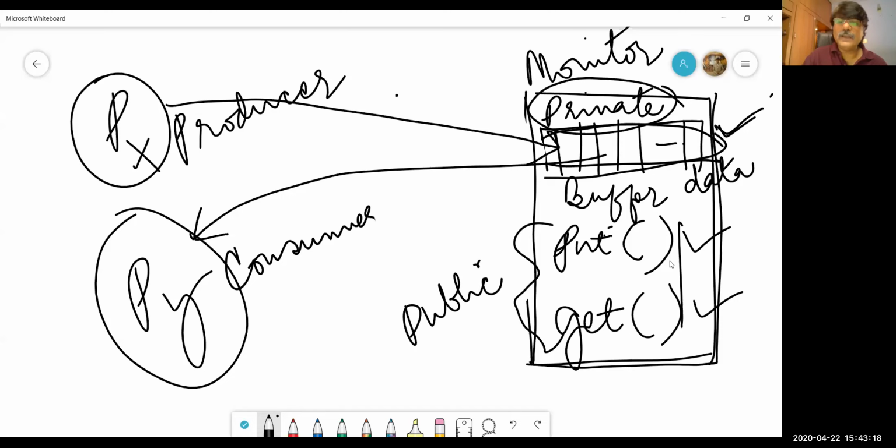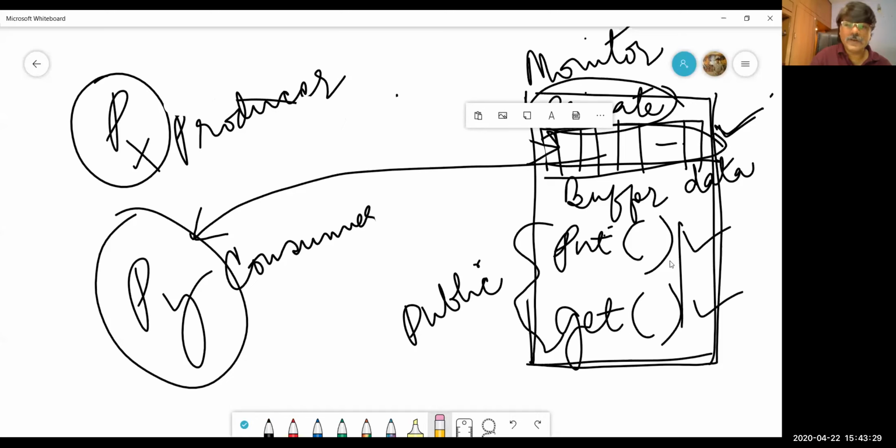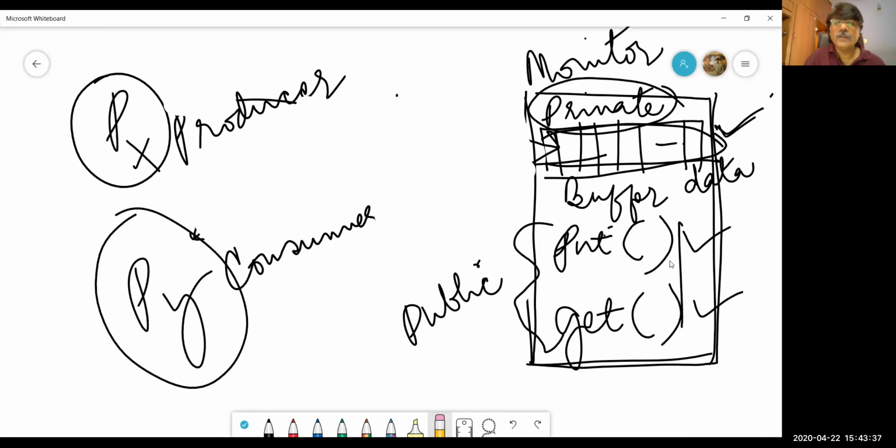So what is happening here? We are saying that the producer cannot directly put the information in the buffer. So why should the producer be interested in knowing the structure of the buffer, whether the buffer is an array or a structure? What is the main intention of the producer? The producer wants to produce the information and put it in the buffer.